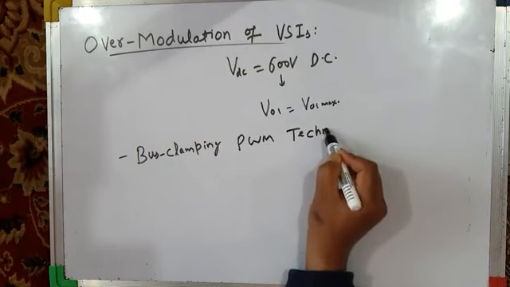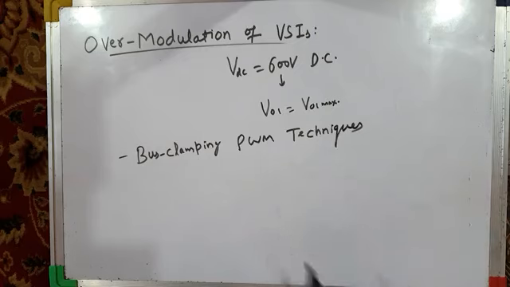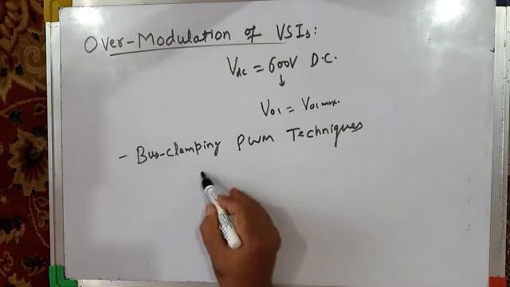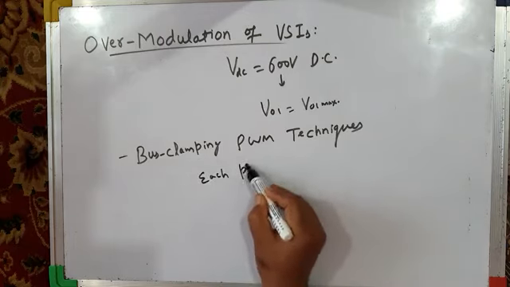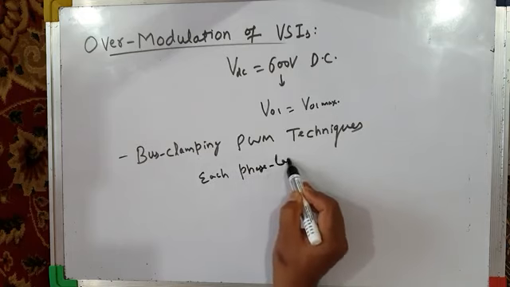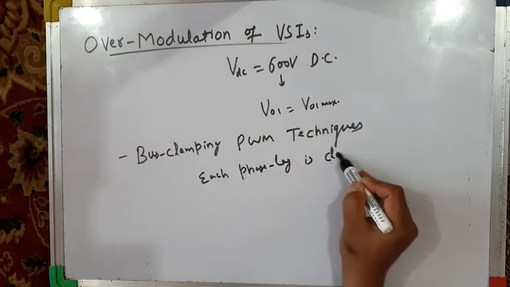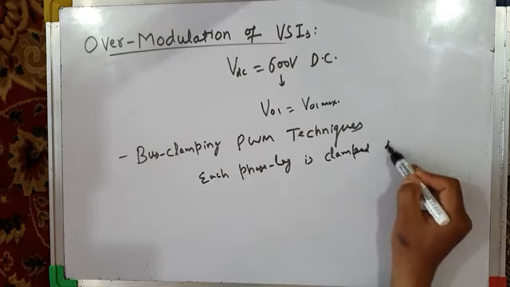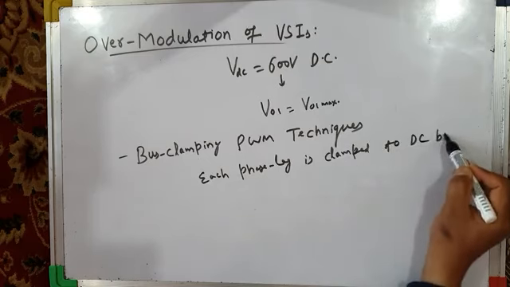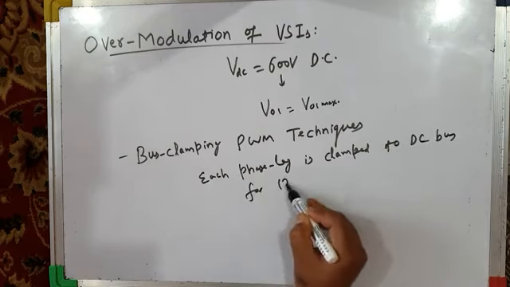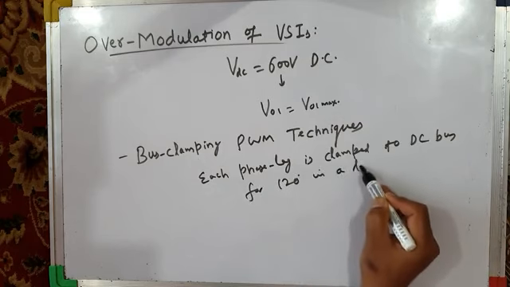We have studied various types of bus clamping PWM techniques or discontinuous PWM techniques, like the continual clamp PWM technique, split clamp PWM technique, 60-degree clamp PWM technique, and 30-degree clamp PWM technique. There we have seen that each phase leg is clamped to the DC bus for 120 degrees in a line cycle.